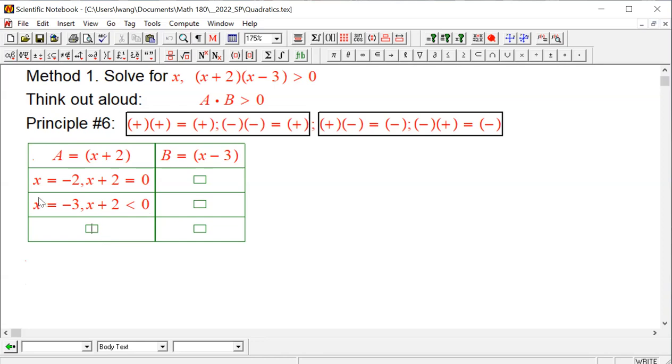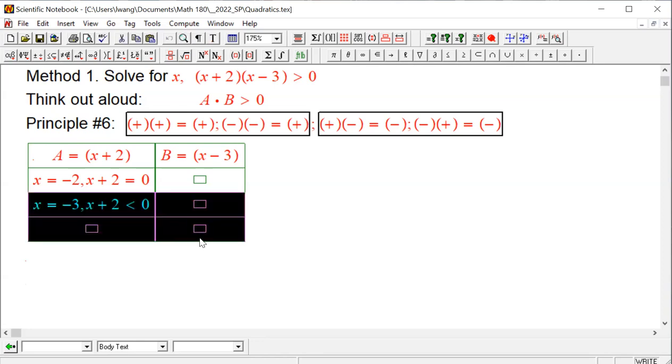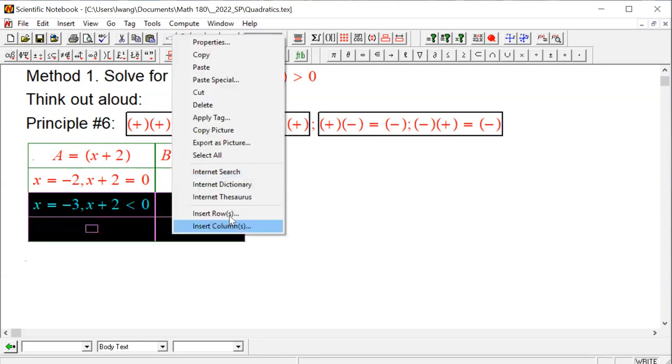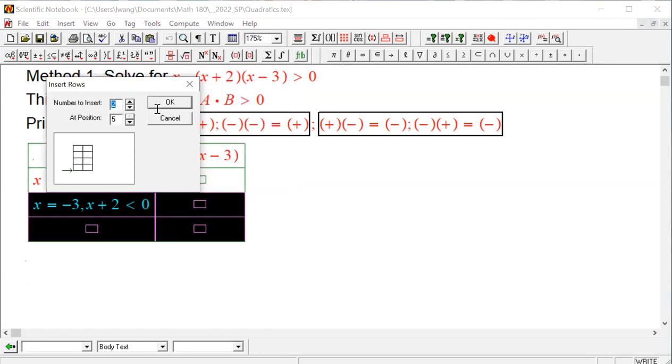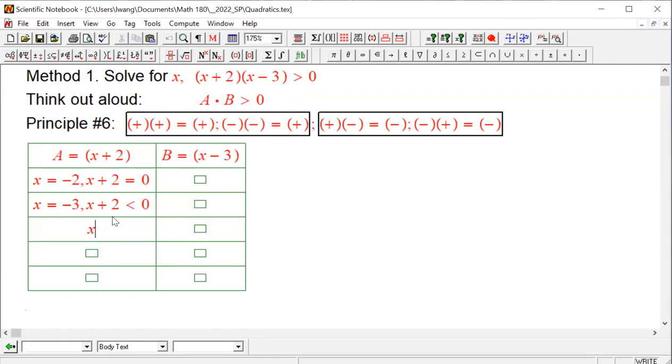In fact, if you plug in a couple more numbers to see the pattern, I'm going to pick x equals, say, -4. Then x plus 2 is going to be negative again, because -4 plus 2 is less than 0. If I pick x equals 0, 0 is larger than -2. In this case, x plus 2 is going to be positive.